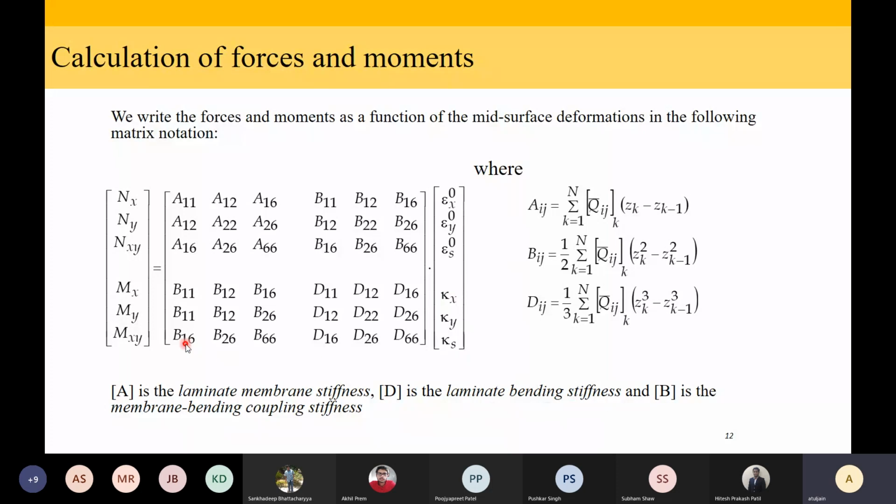And B is the coupling between membrane and bending. What is the increase in traction due to radius of curvature? This relationship we can get only if B is non-zero. So B is the coupling between the membrane and the bending. A is the membrane stiffness, D is the bending stiffness.